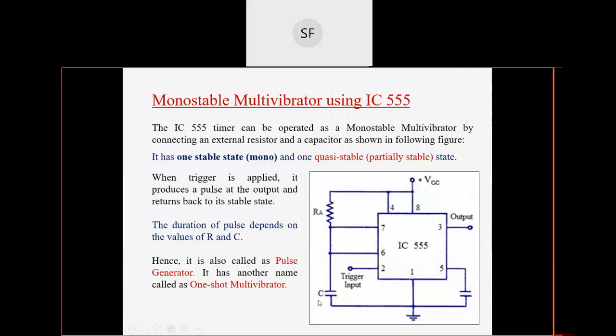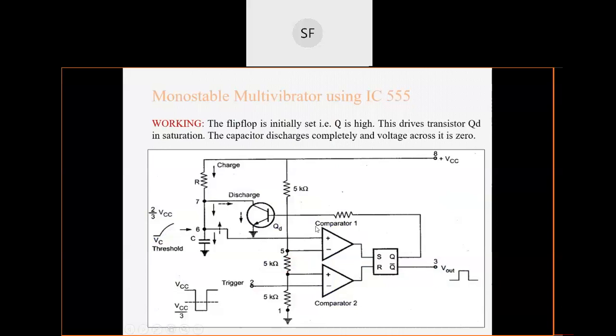The values of this capacitor and resistor will determine the duration of your pulse. So I hope you can find the similarities between this diagram and this diagram. We have just added the resistor and capacitor here. Otherwise it is the same as the basic building block of your IC 555.